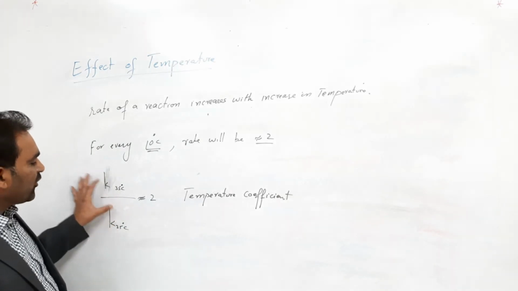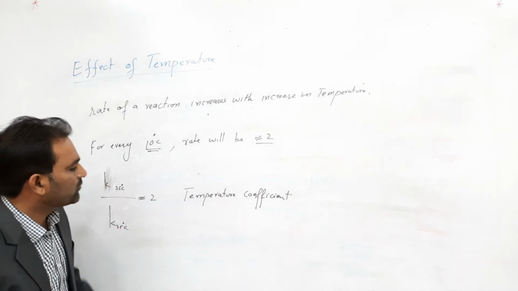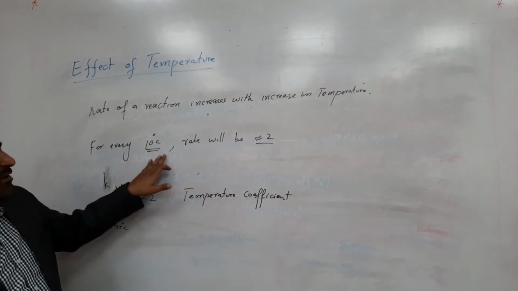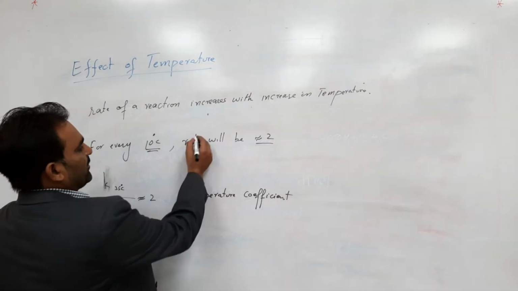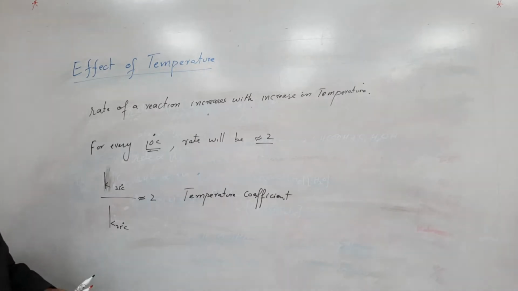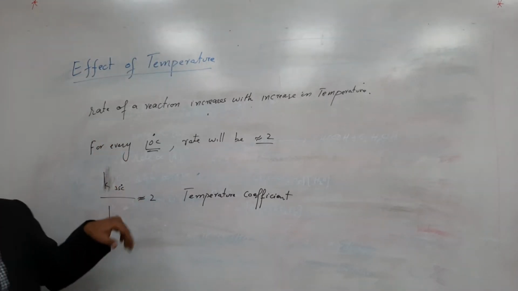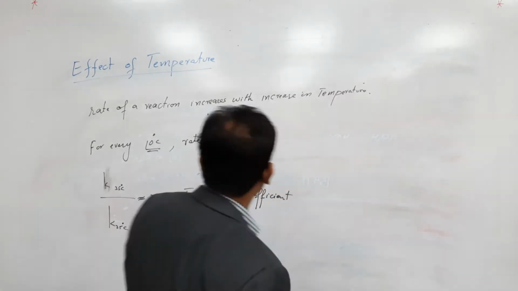Then the ratio will be approximately equal to 2. Mean for every 10 degree increase in temperature, the rate of reaction will be approximately double. So this equation is called temperature coefficient. It means the rate of reaction increases with increase in temperature.